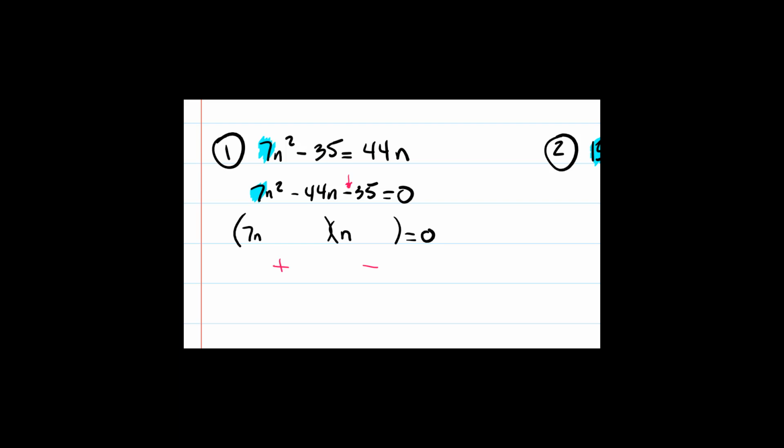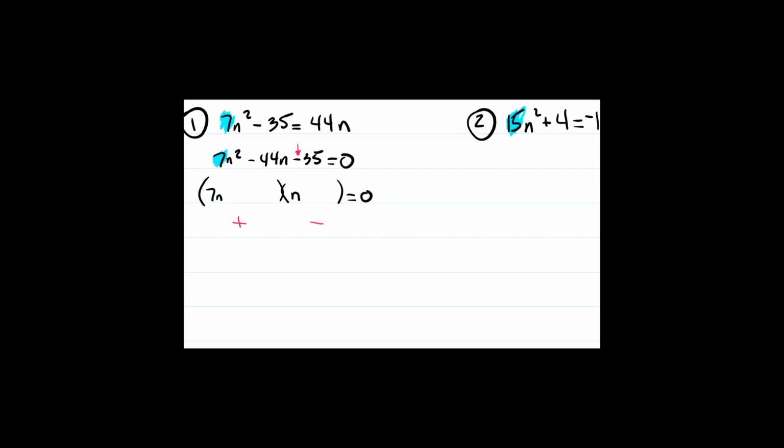So when I think about negative 35, I want to think about factors of negative 35. I could have 1 and negative 35, or negative 1 and positive 35. And I might test them out in here to see what's going on. So if I put plus 35 here and a minus 1 there, let's see what that would give us if we multiply just the outside and inside terms.